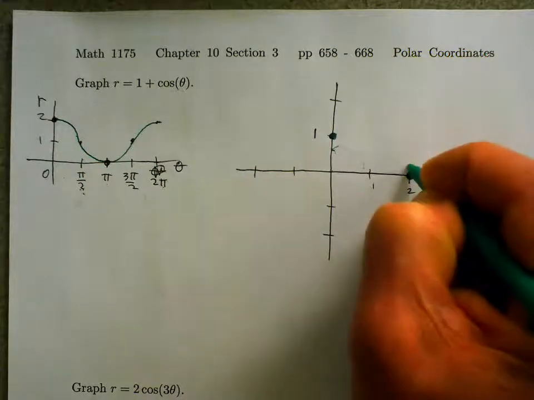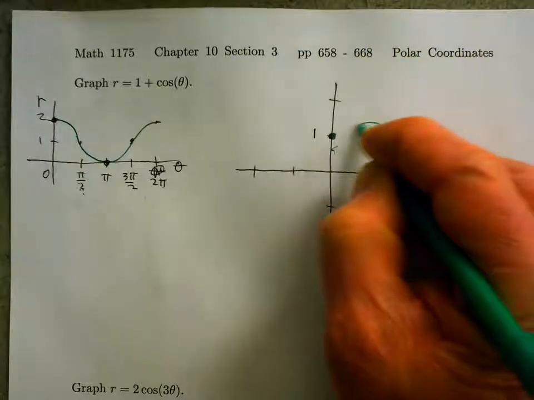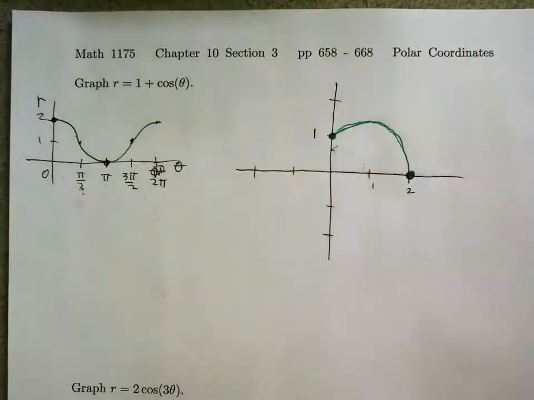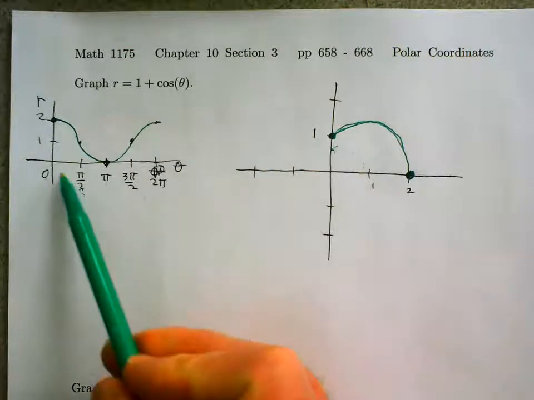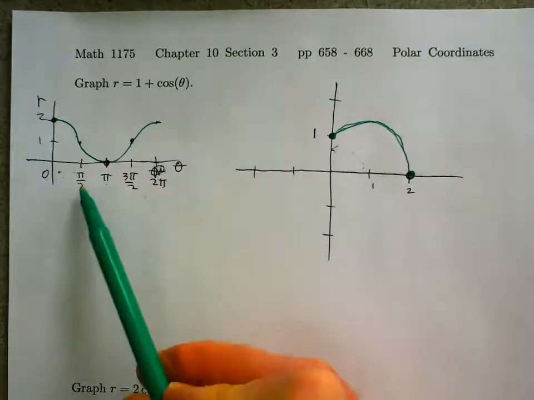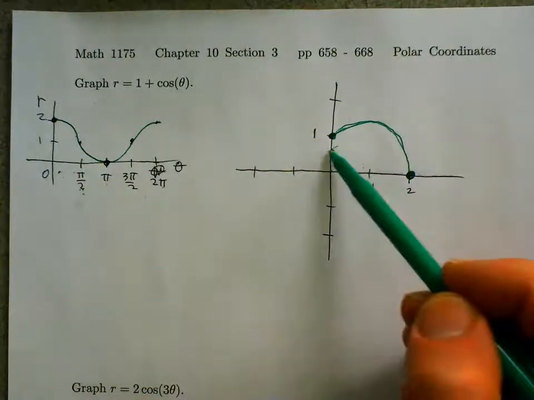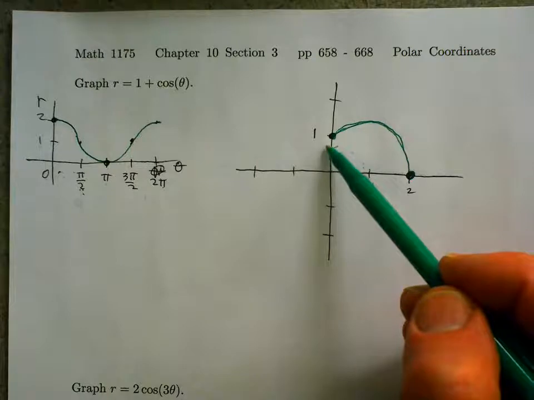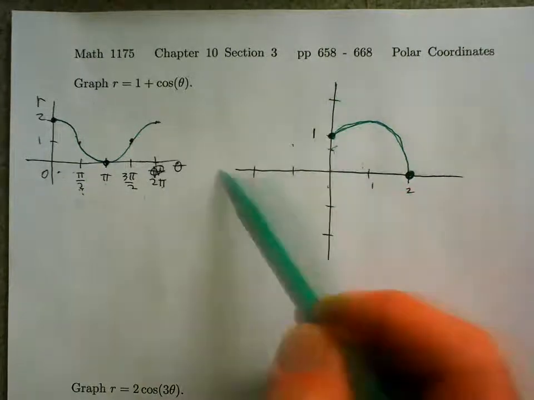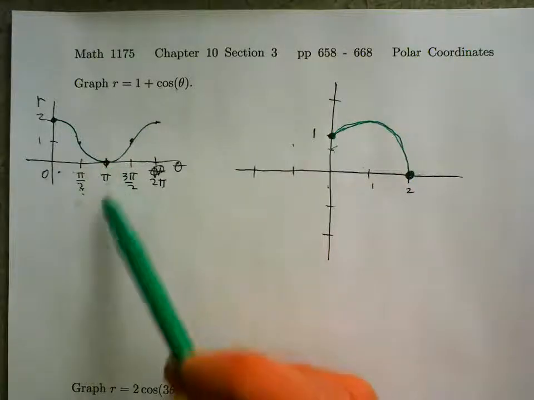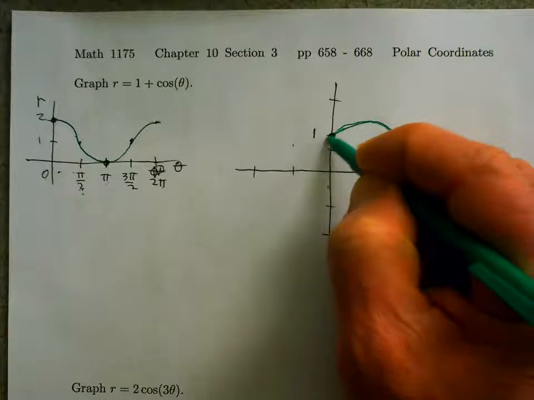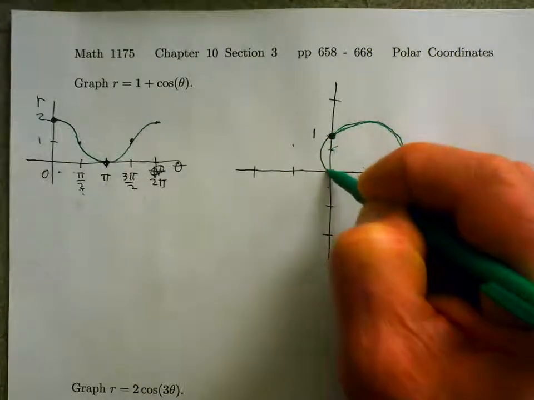So the curve will do something like this for theta values between 0 and pi over 2. Between pi over 2 and pi, so now we're in the second quadrant, there's a 0 at pi. So the polar curve will look something like this.